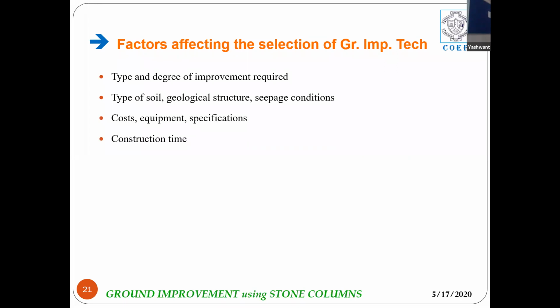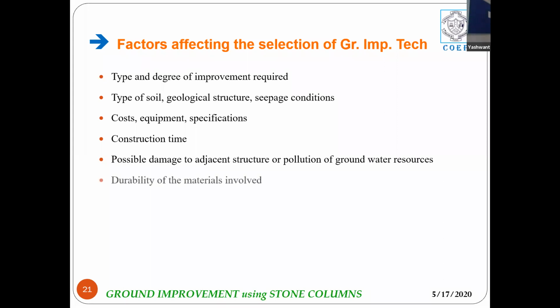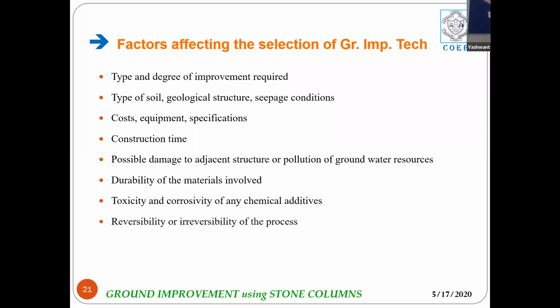The degree of improvement, the type of soil, then the equipment specification in the tenders and the cost that will be involved for the project, the time that is available for the construction, whether any structures are there or pollution to the groundwater resources and possible damage to both of them, the materials that are going to be used, because lately we have been using geosynthetic materials, etc. Durability of the materials that will be used as a reinforcing material is also going to govern there.